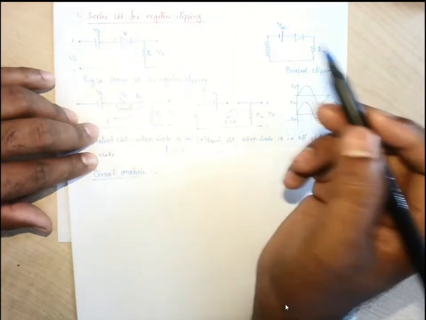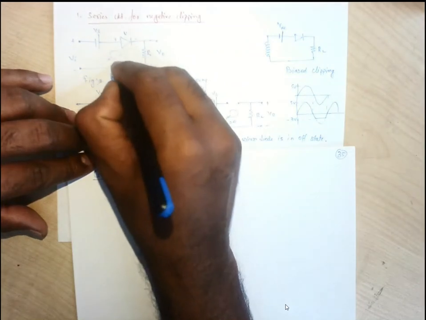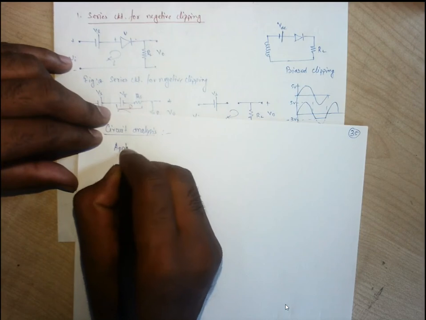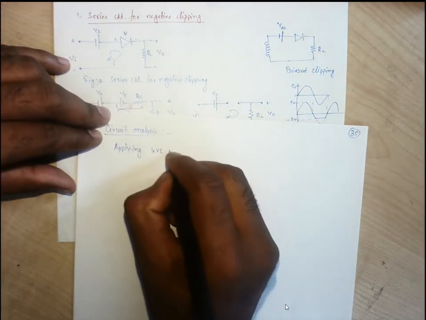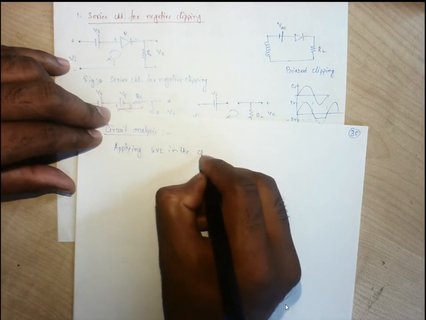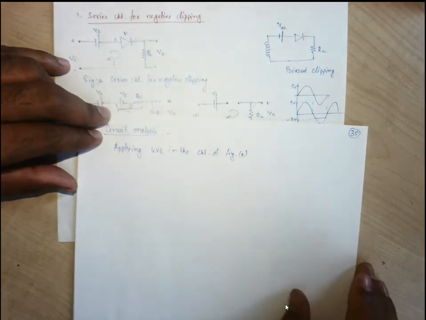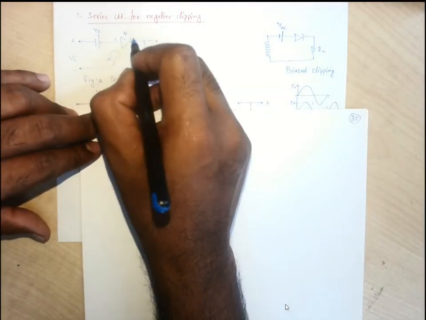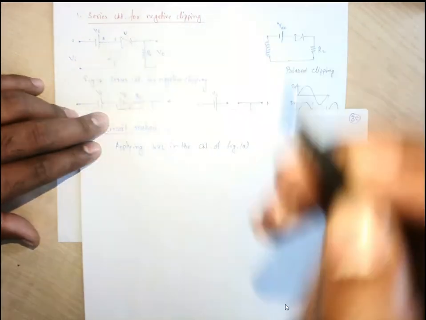That voltage V. If we apply KVL in figure A, what will be the voltage? This is plus minus, minus plus. So what can we write?